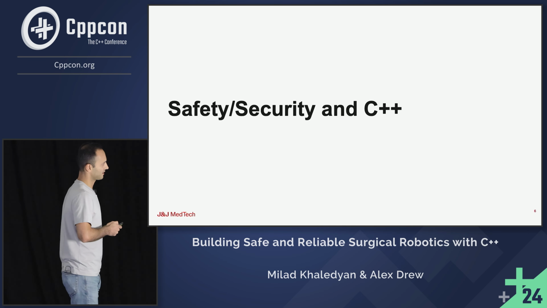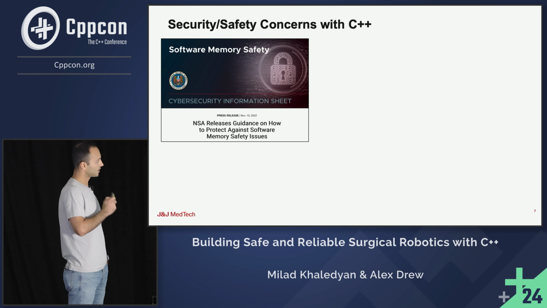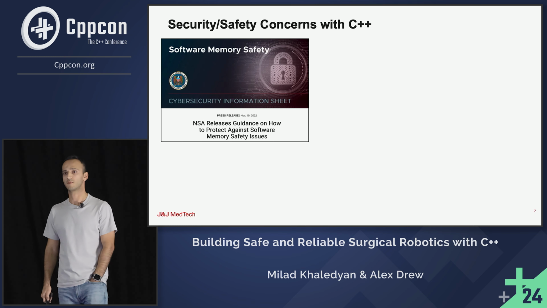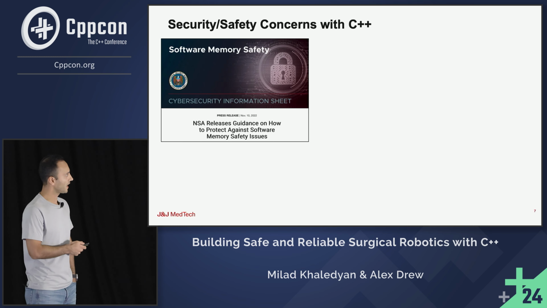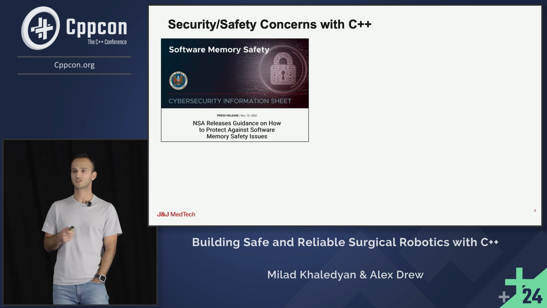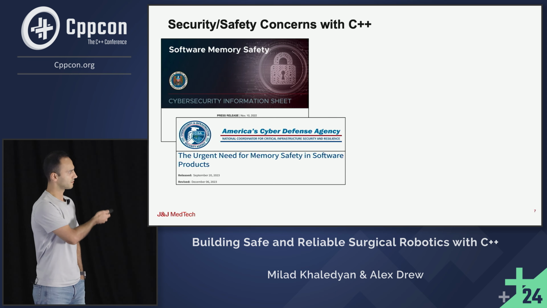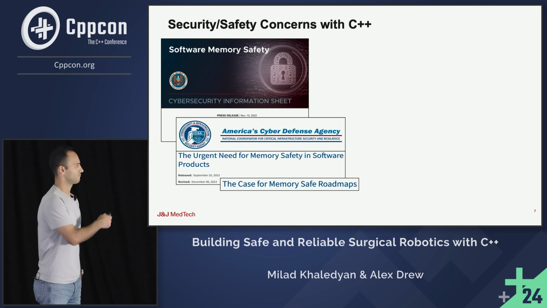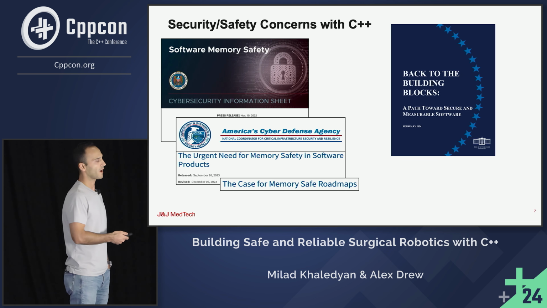So let's talk about safety and security in C++. You've seen a lot of reports in the past 2 years from the NSA regarding protecting against software memory safety issues and using memory-safe languages, from CISA for a few revisions, and from the White House.